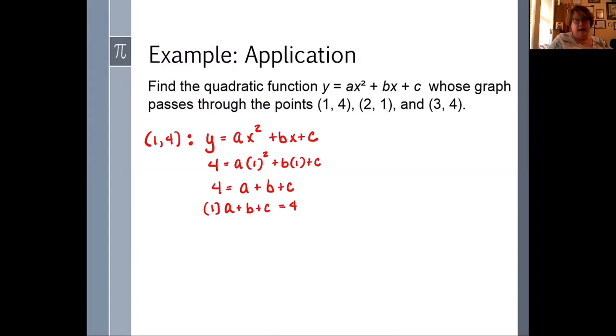All right, to find the second equation, we're going to use the ordered pair (2, 1) and do the same thing. So x is 2 and y is 1.